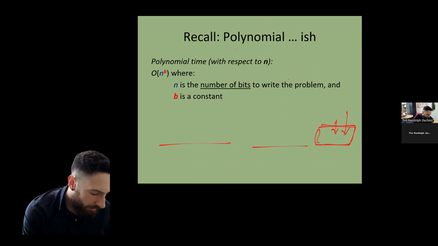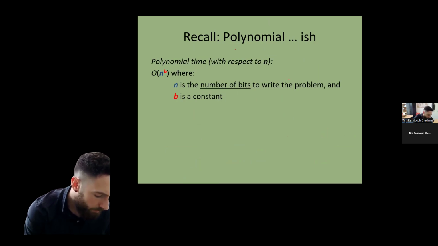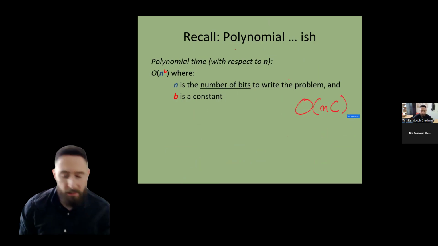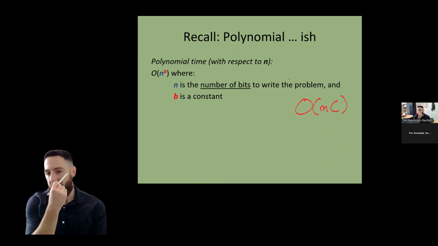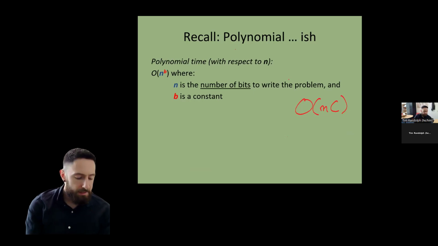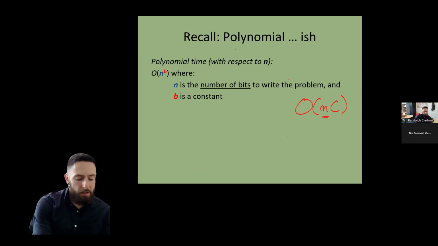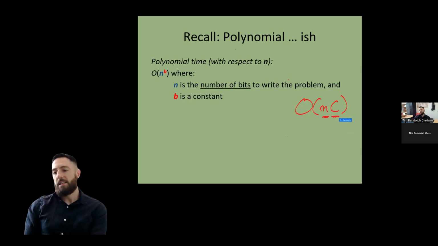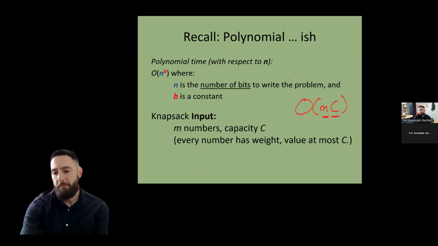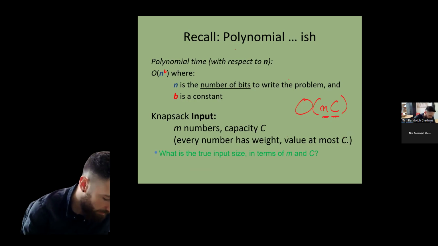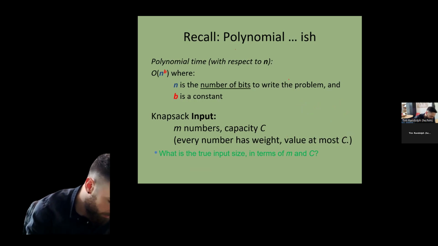But if we go back to our definition, we see that a runtime like big O of M times C doesn't quite fit into our polynomial time framework because the number of bits to write down the problem input does depend on M, but it doesn't depend directly linearly on C. So in particular, what's the size of our input?